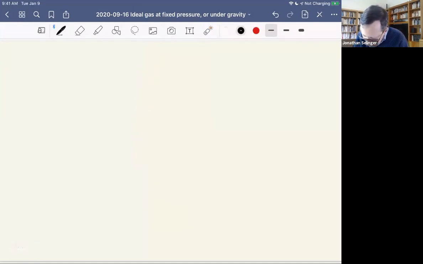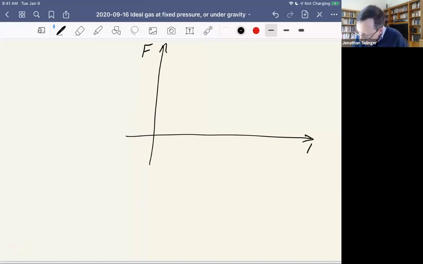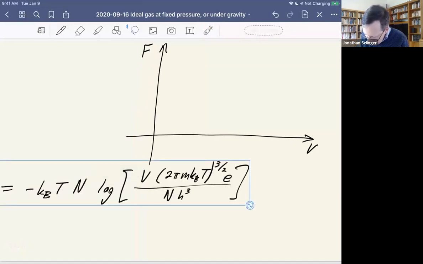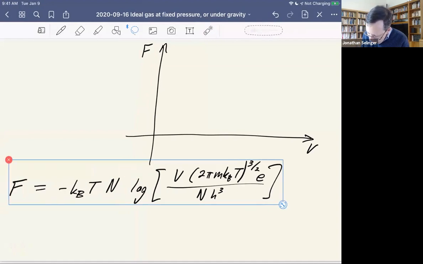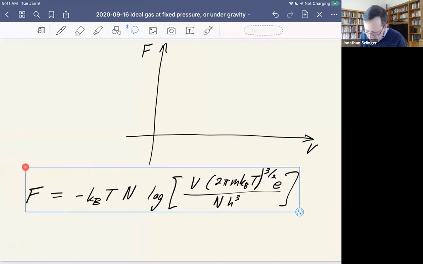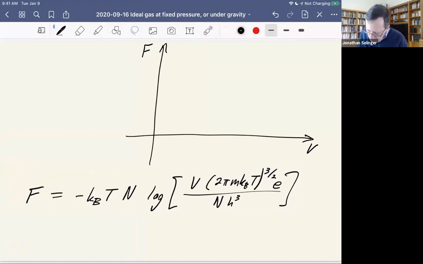Okay, so I'll make my plot. Oops, wrong pen. Okay, so if I'm going to plot F of V, my function, I'll paste it again. My function has a logarithmic dependence on volume.